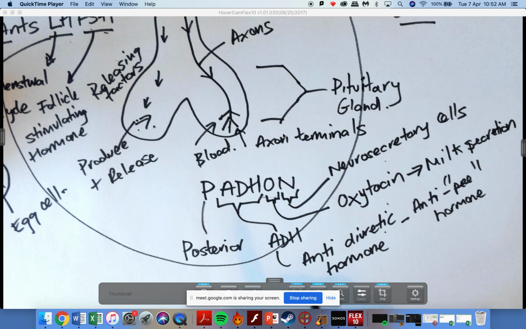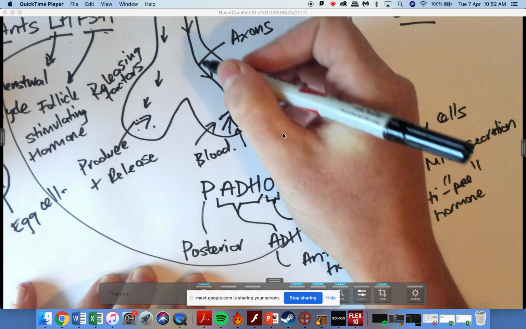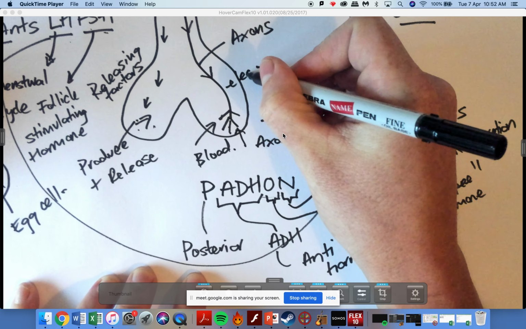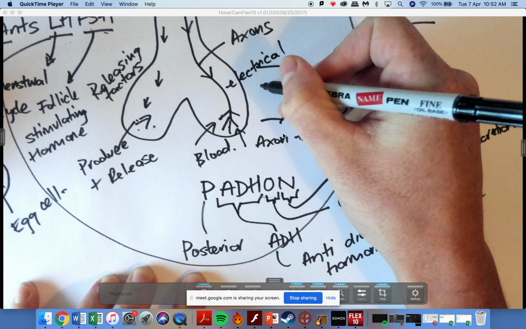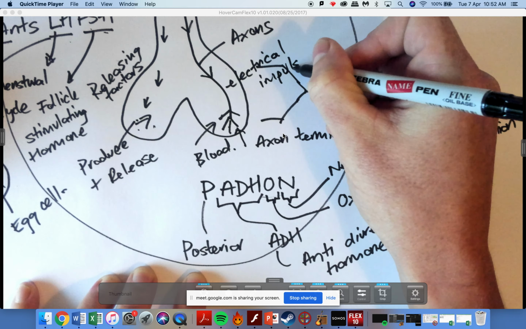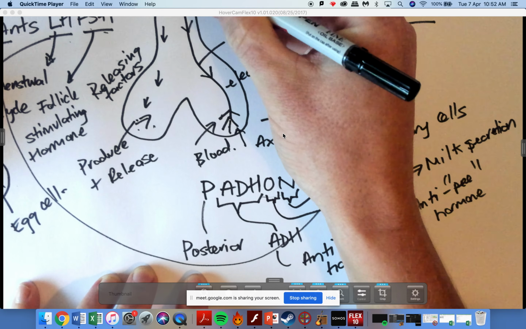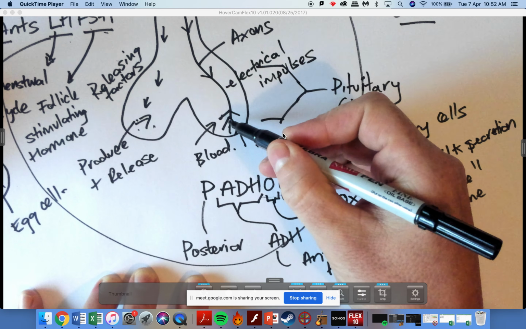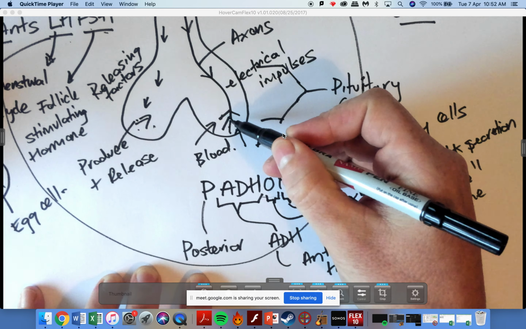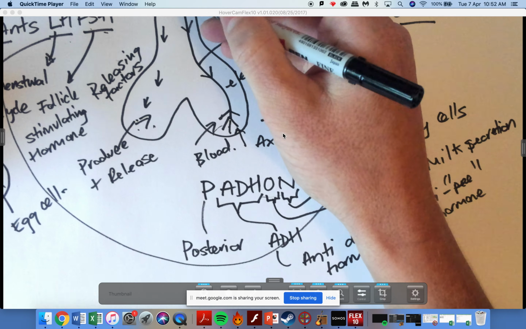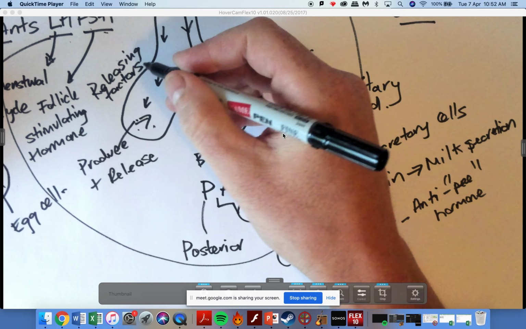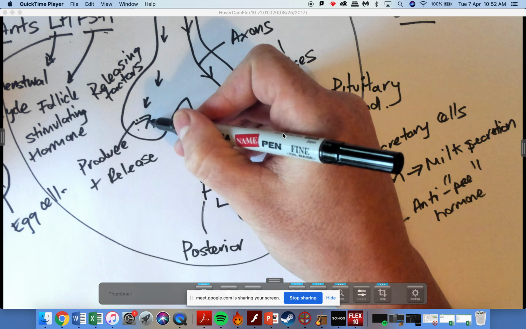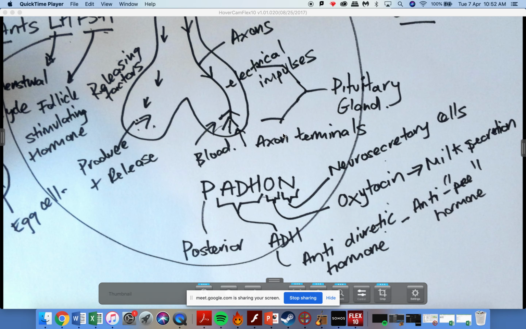So what's going to stimulate the release over here is electrical impulses. So nerve impulses from the brain will travel down and then that will stimulate the release at the right time. Over here it was releasing factors which are going to cause these cells to release the hormone.